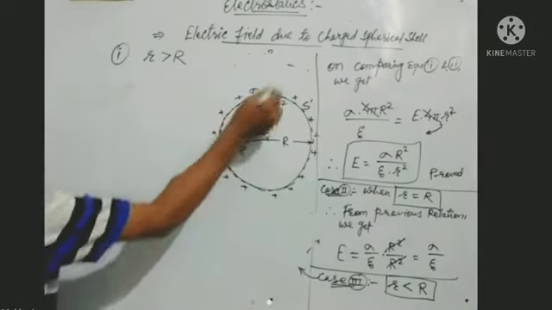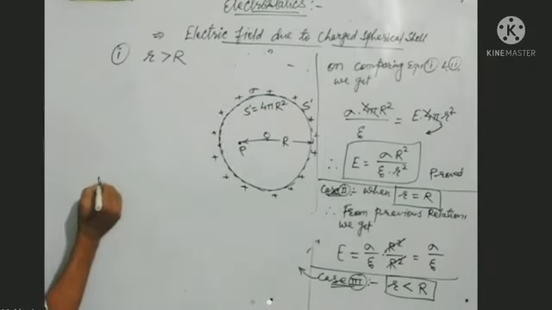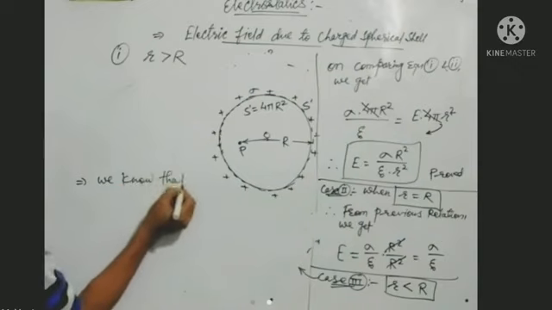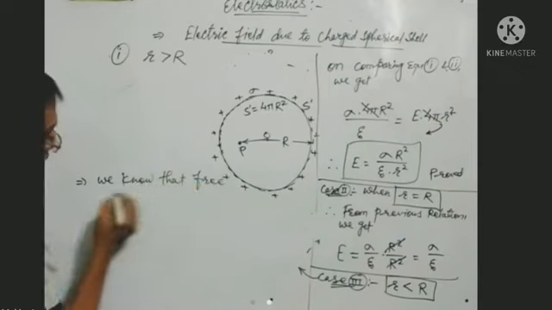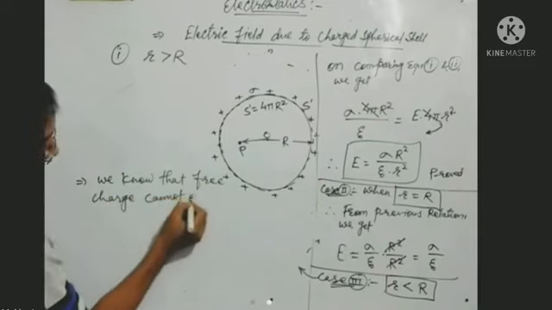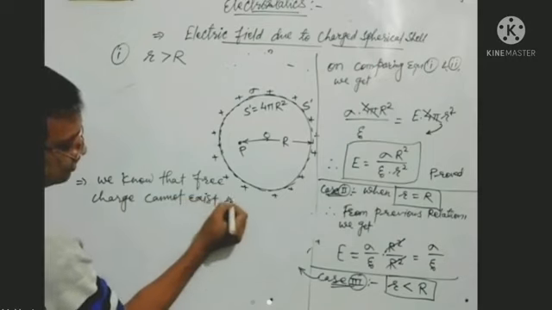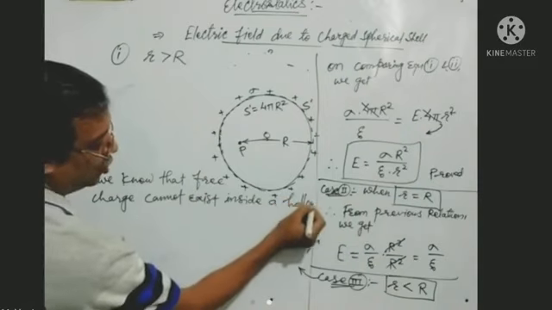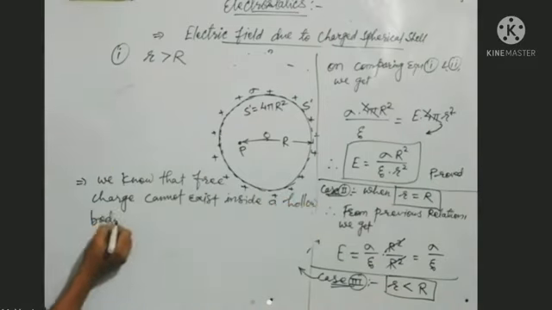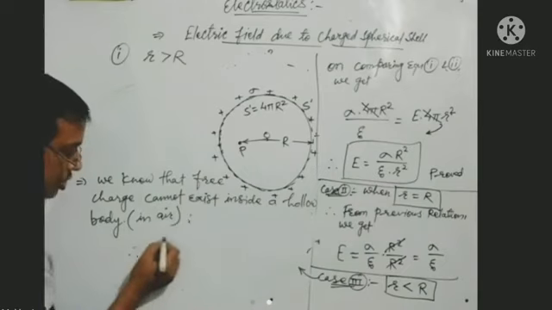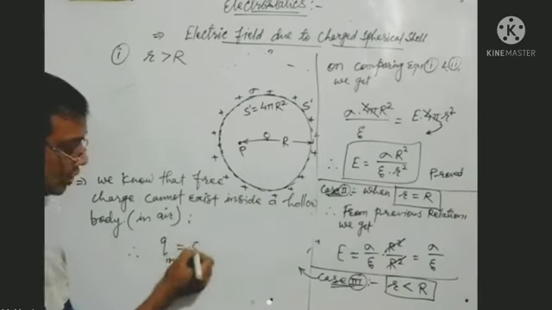If point P lies inside the hollow structure, then we know that a free charge cannot exist inside a hollow body in air. Thus, Q inside will be 0.